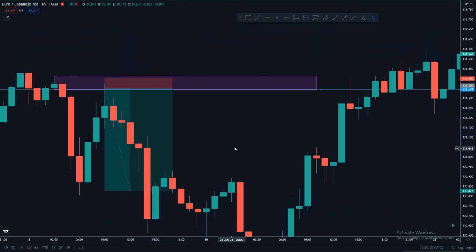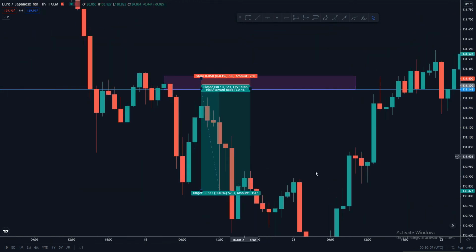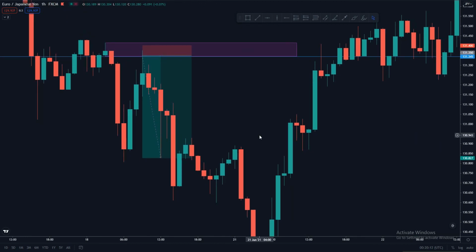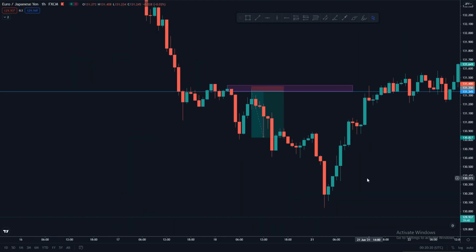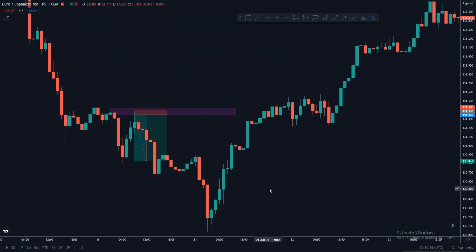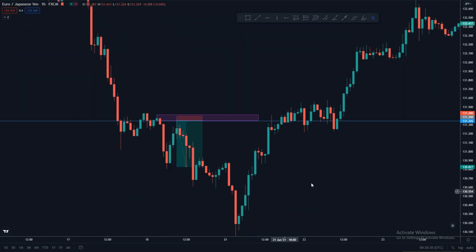This is at minimum 1 to 10 risk to reward ratio. Guys, you can get this very easily, and you can pass FTMO funding challenges very easily. So there goes a very easy strategy that you can use in each and every market.